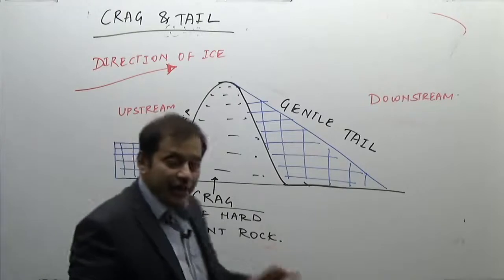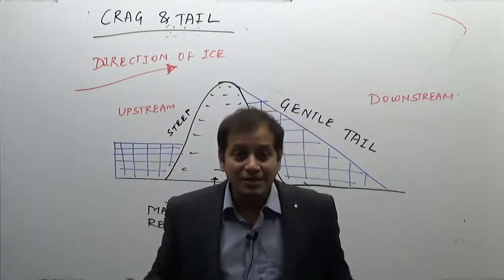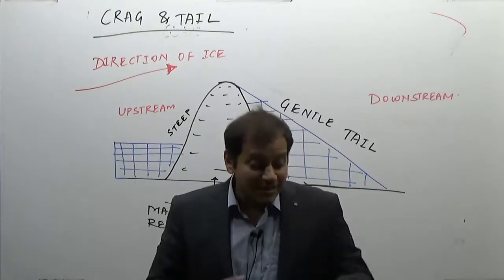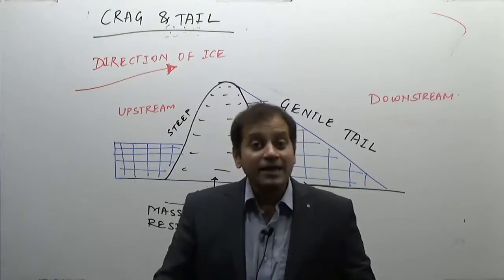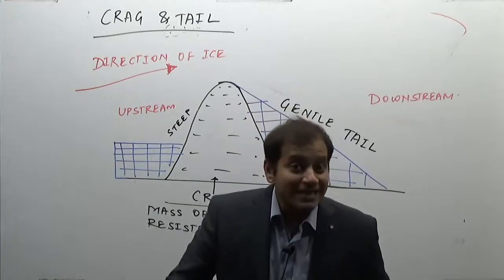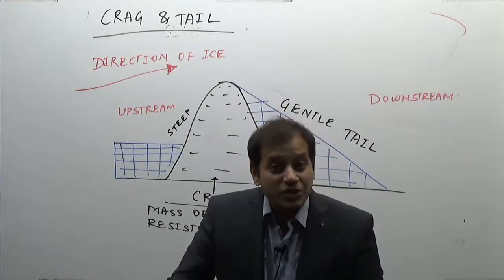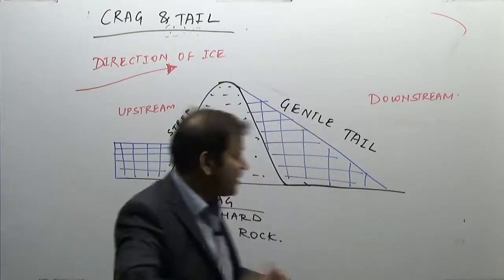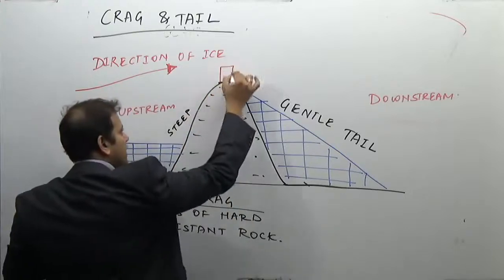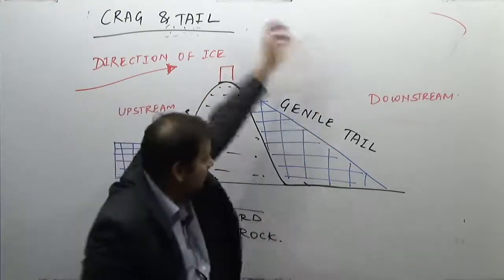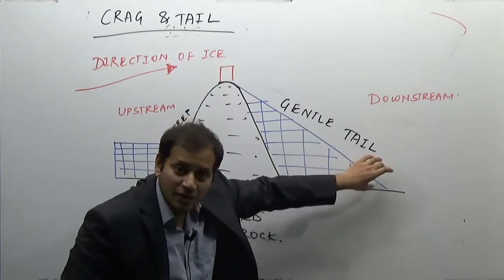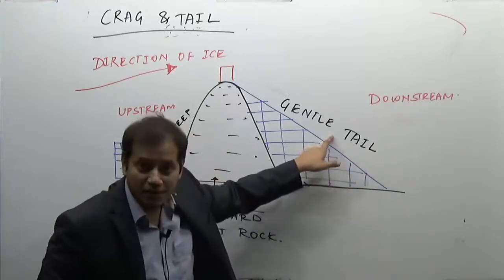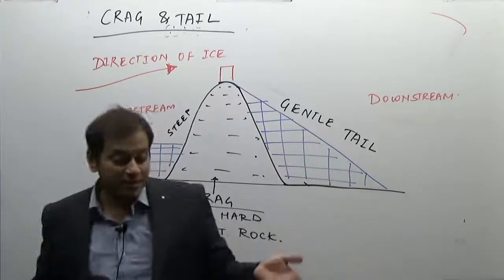So what is crag and tail topography? An individual resistant rock which protects the downstream side from getting eroded results in crag and tail topography, whose upstream side is steep while the downstream side is gentle, having eroded rock debris. There is a famous castle of England located over here, and the Royal Highway which the Queen of England uses is located on this tail. So crag and tail topography has such a use.